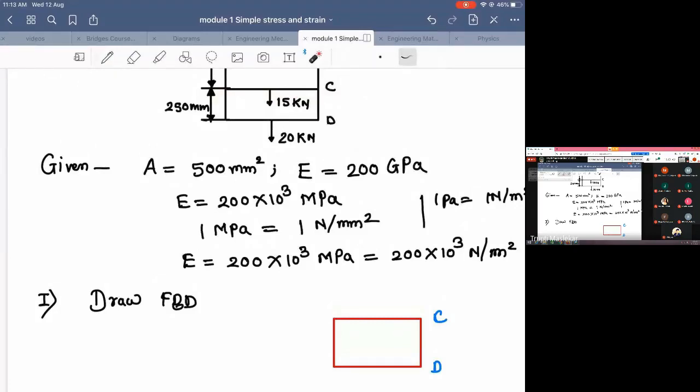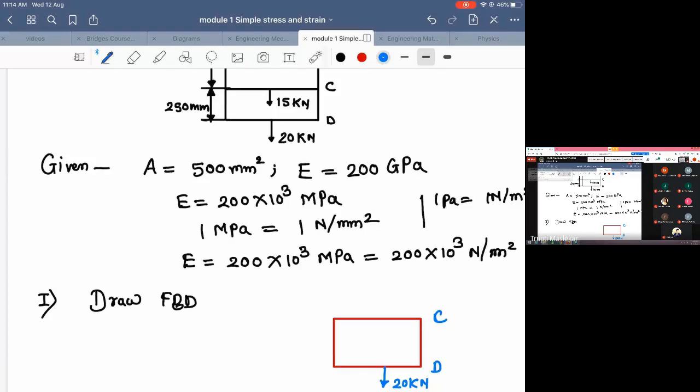Okay. So I will put the forces here. If I observe towards the downside, towards the point D, I will get a 20 kilonewton force acting here, which is tensile in nature.